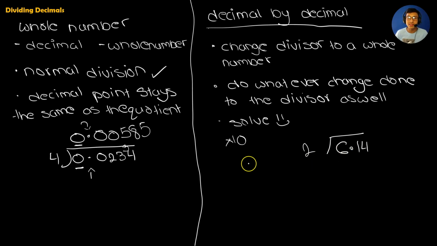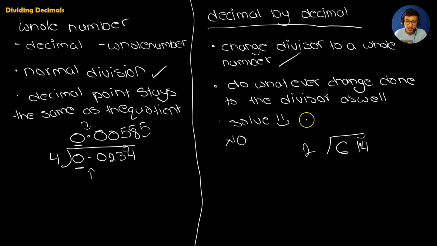Now we need to make the same change to the dividend. We multiply by 10 once, so the decimal point goes one space to the right, and our dividend becomes 61.4. Now we've done it.